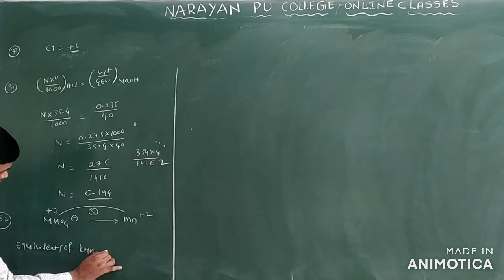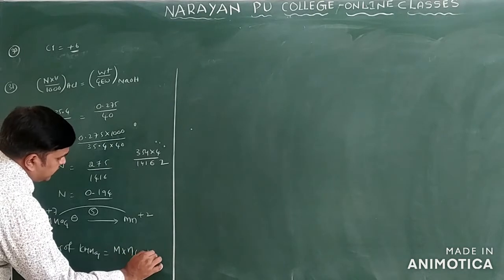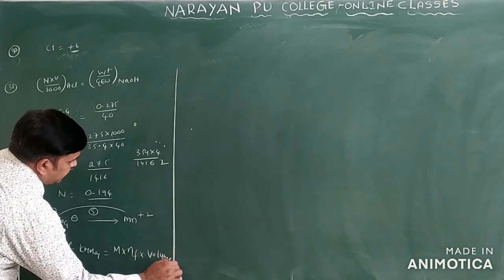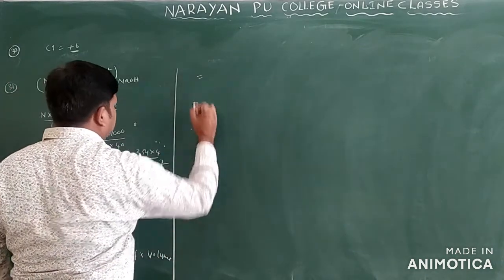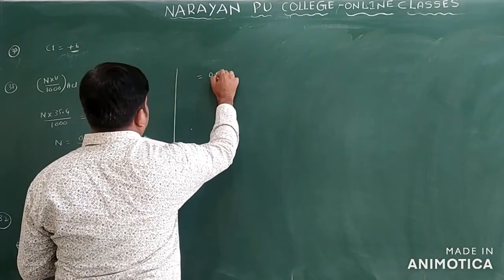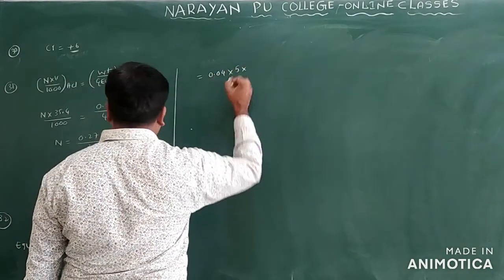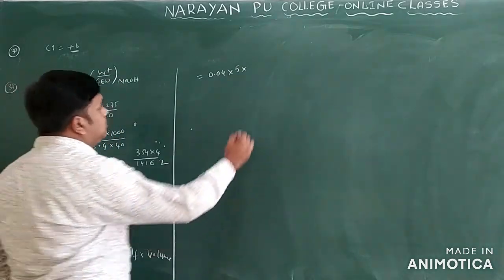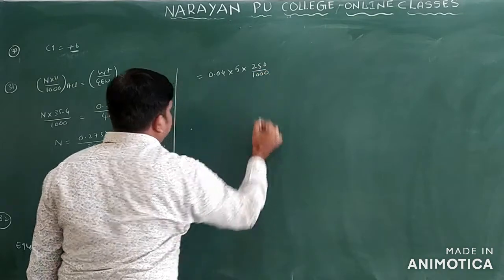KMnO4 they are asking. Equivalents of KMnO4 is equal to molarity into N factor into volume. Molarity they gave is 0.04, 0.04 into N factor, how much? 5 into, what is the volume given? 250. You can write it in liters, by 1000.